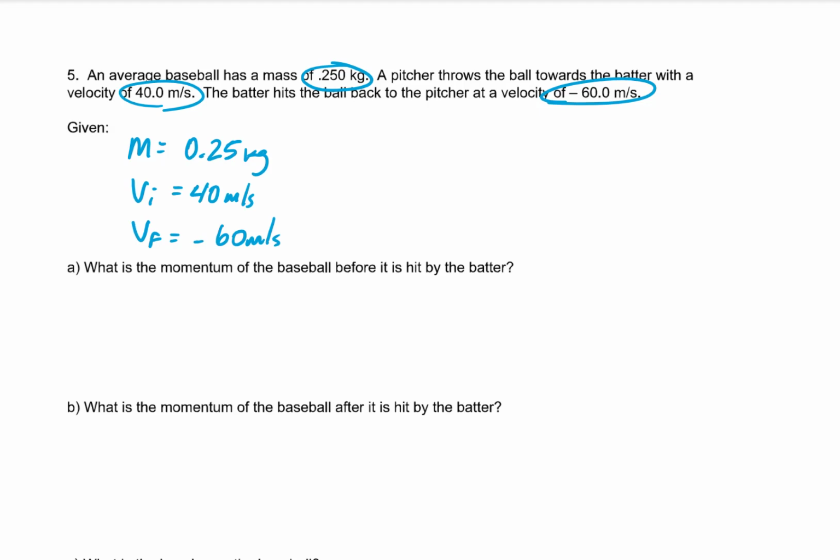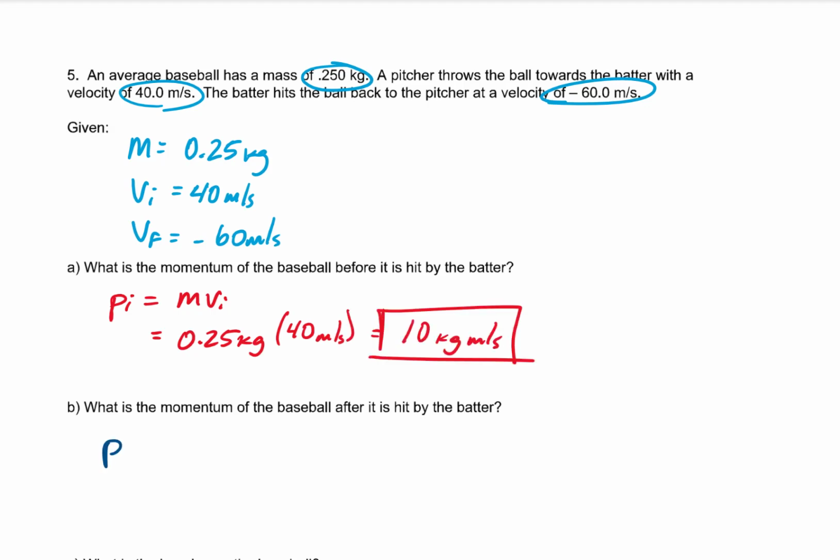A wants to know the momentum of the baseball before it's hit by the batter. That's my initial momentum. My initial momentum is mass times the initial velocity. So we have 0.25 kilograms times the initial velocity of 40 meters per second. The initial momentum is 10 kilogram meters per second.